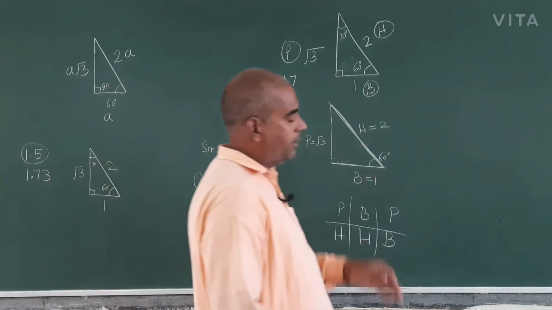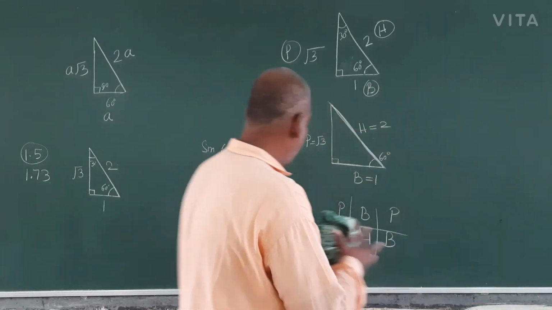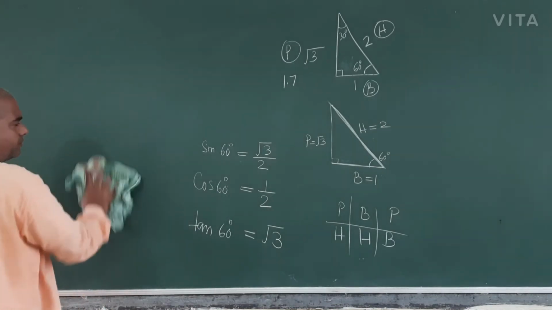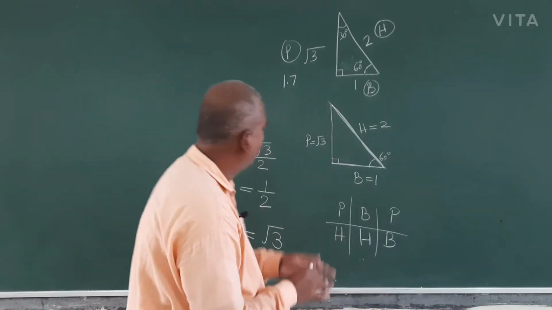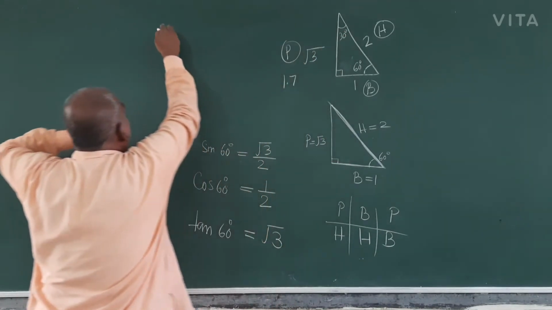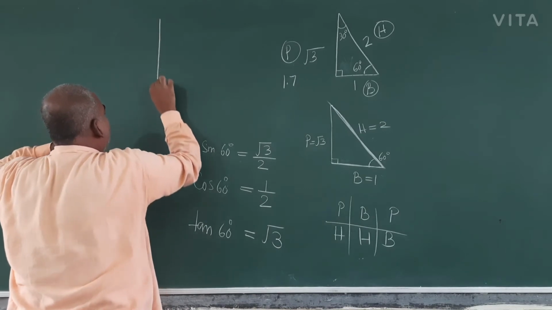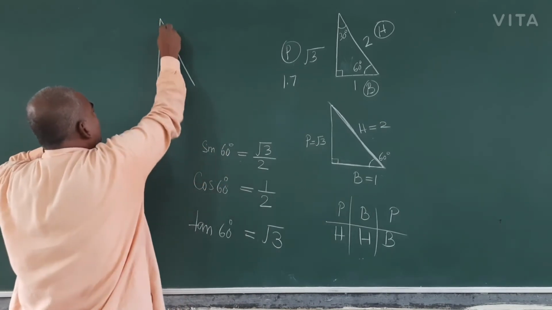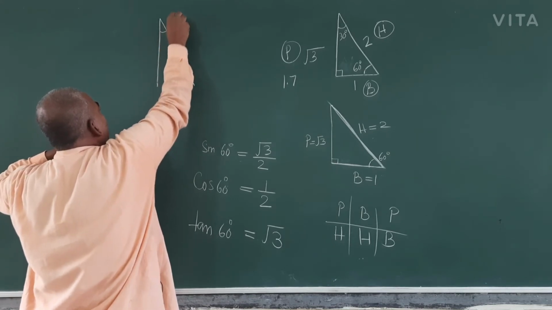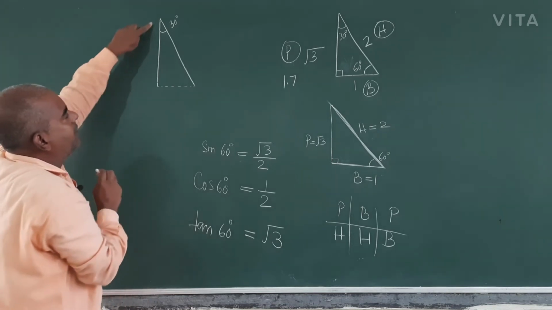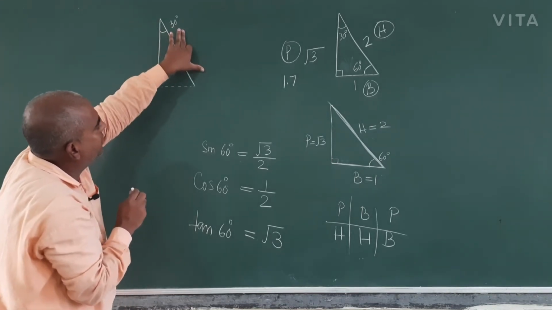In the same figure, we can make angles for the 30 also. Same figure, but this time we will focus on the 30 degree. So for the 30, this is 30 degree, and this is 90 degree. The 30 degree is made up of this side and this side.